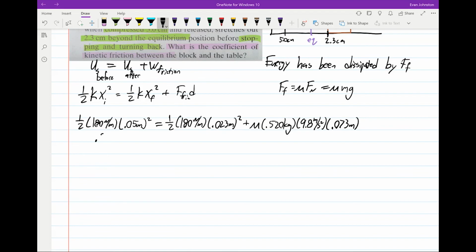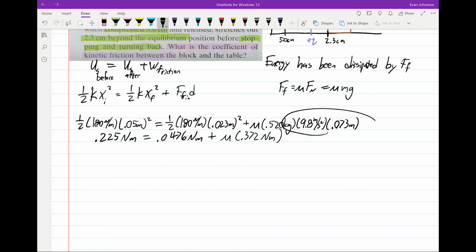So I get 0.225, and now I have newtons times meters, because I had meters squared times newtons per meter, so I have this unit here, equals 0.0476 Newton meters plus mu times 0.372 Newton meters.